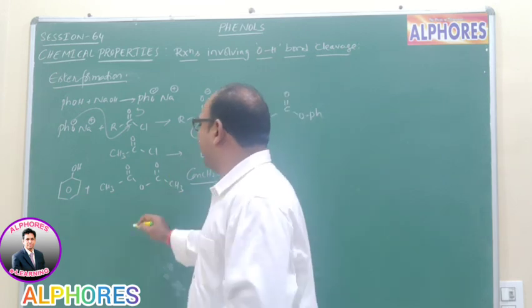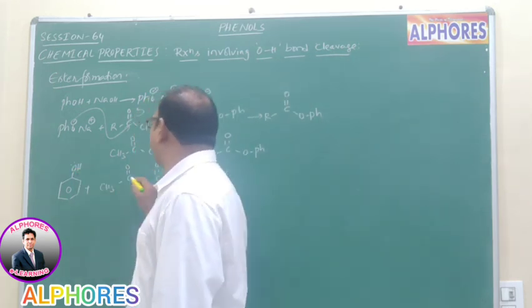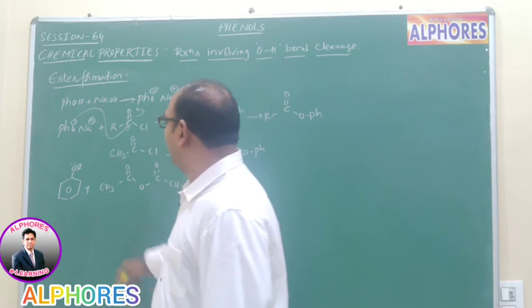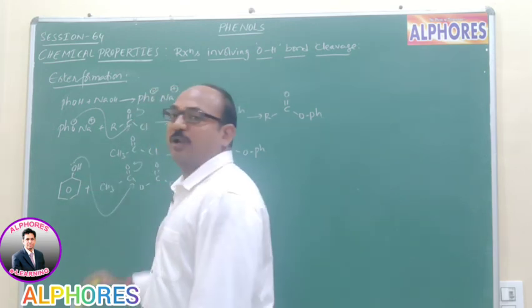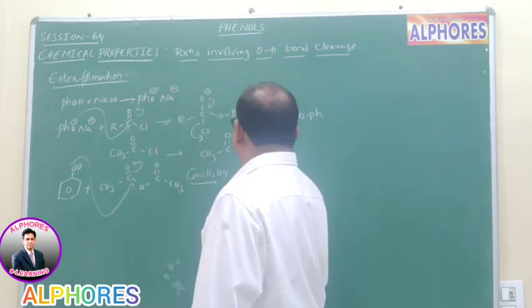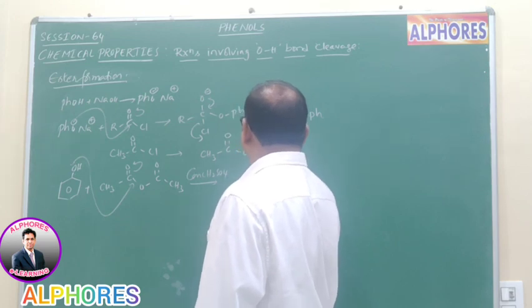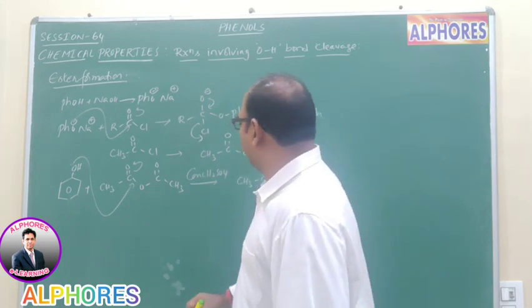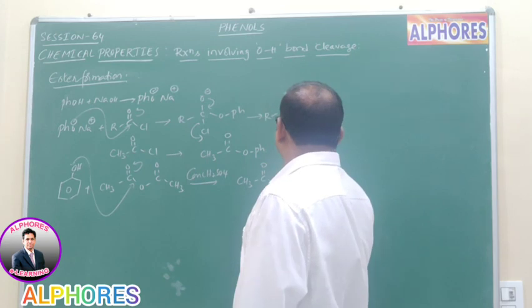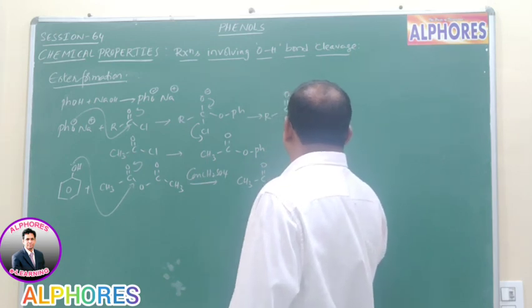Here, what reaction takes place? The oxygen has to come and attack upon one of the carbonyl groups. Then we are getting CH3C=OOPh. Here, the remaining part comes out as acetic acid, CH3COOH.